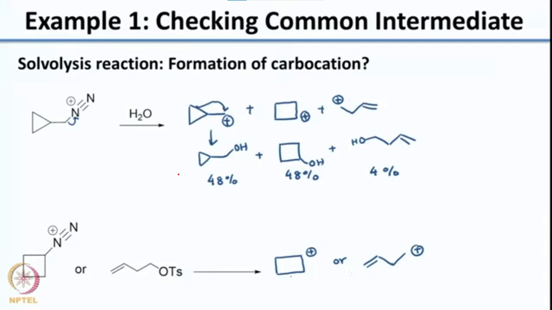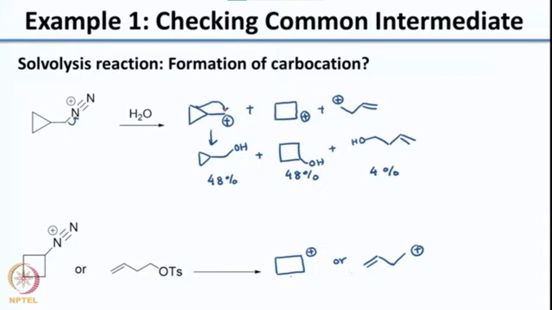The first example is a solvolysis reaction. In this case, you can see formation of a carbocation is taking place, right? N2 elimination will take place here and it will give a positive charge here. So this is a carbocation. Now all of you know that this is a primary carbocation. So there is a possibility for the migration of an adjacent carbon atom to give a stable carbocation.